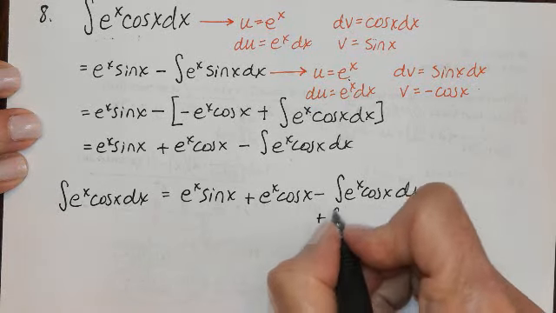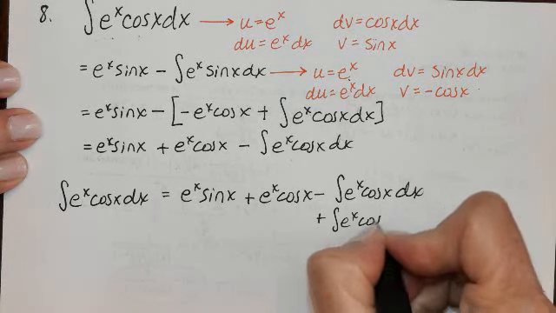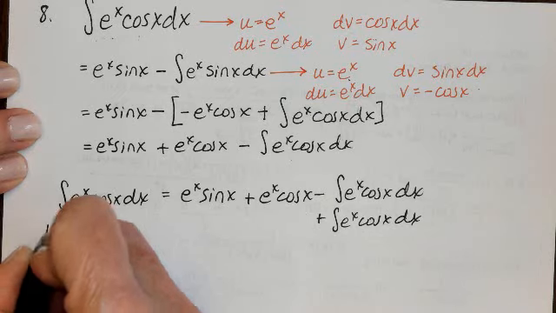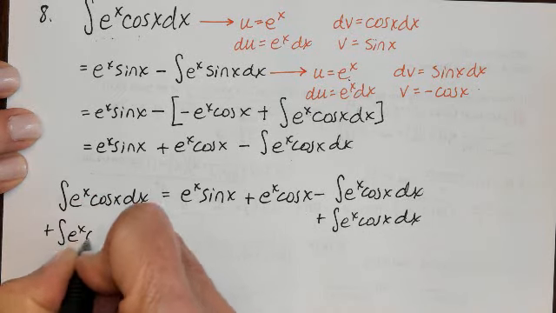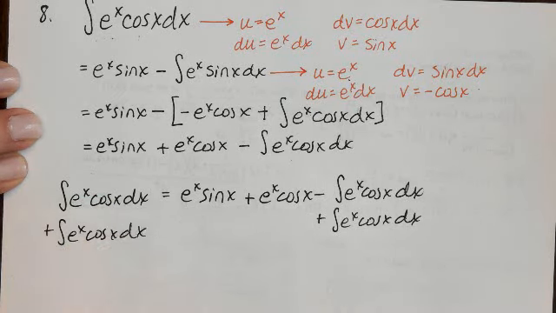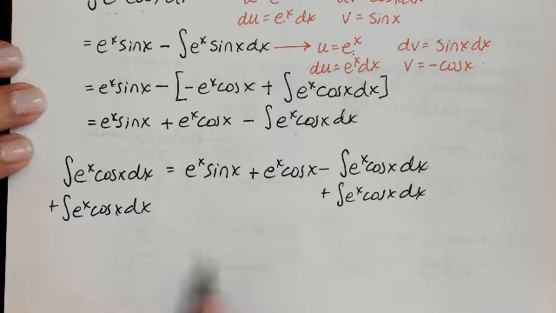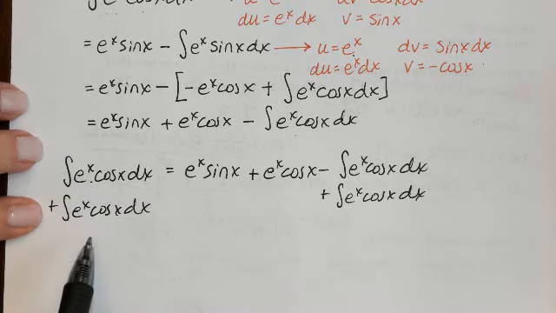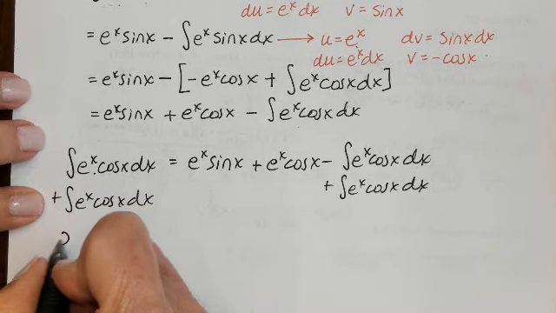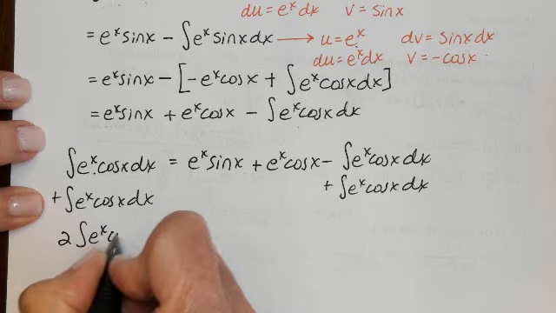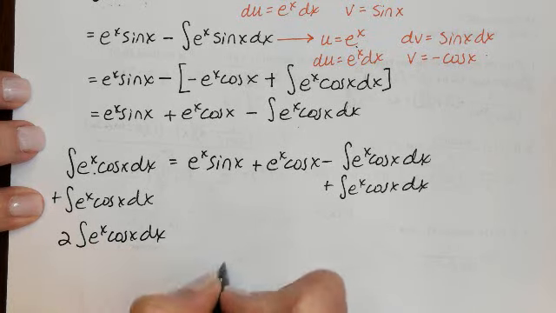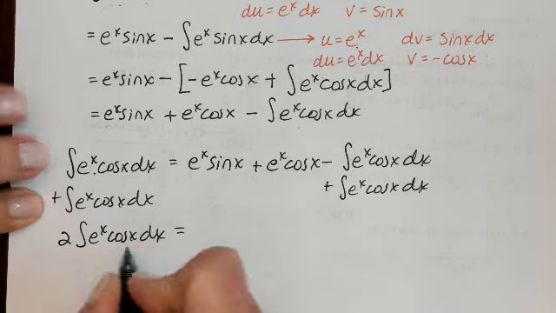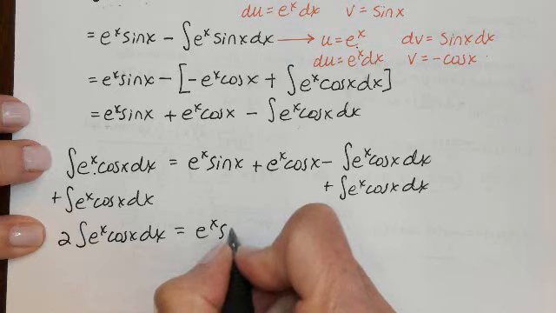Let's add this to both sides. It's an equation, so we can add it to both sides, right? What is this integral plus itself? Is that not two of those integrals? So two of those integrals is equal to this.